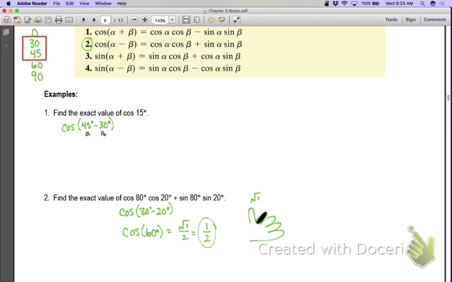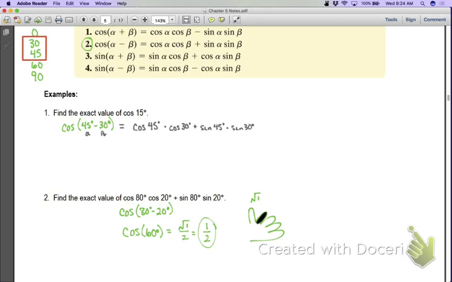So whenever I do this, I'm going to have cosine of 45 degrees times cosine of 30 degrees plus sine of 45 degrees times sine of 30 degrees.